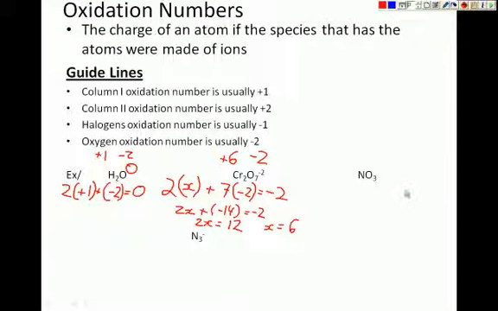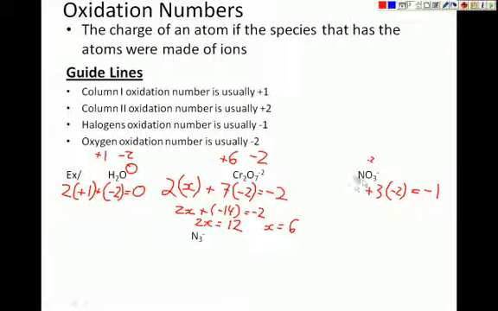Again, it has a negative charge right there, so we know that this whole thing is going to equal -1. And we know oxygen has a charge of -2, and there are 3 of these, so we times it by 3.